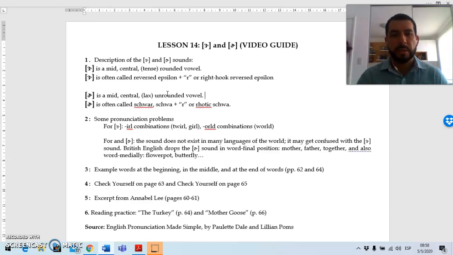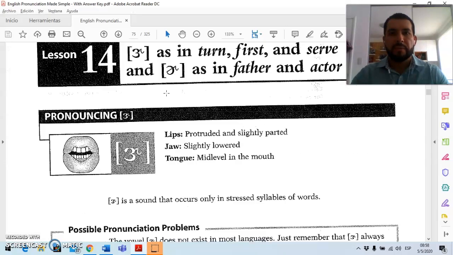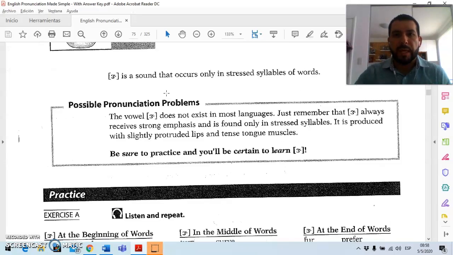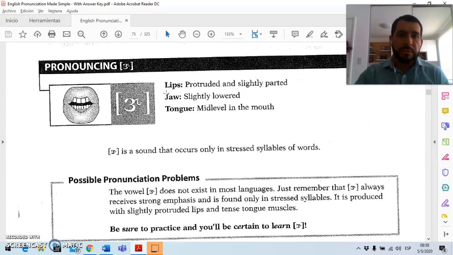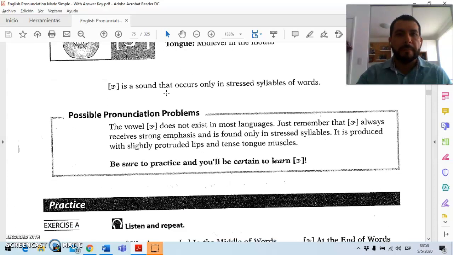You know, the last syllable, mother, father. So that's a mid-central lax unrounded vowel. If we go to the book on page, let's see, 62, you will find some example words which I'm going to be reading and modeling for you, like I said.